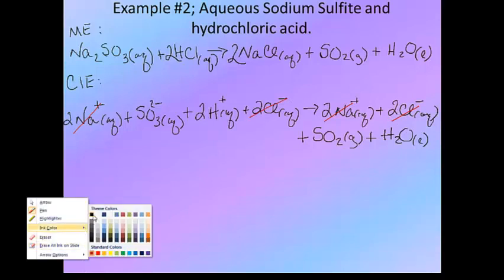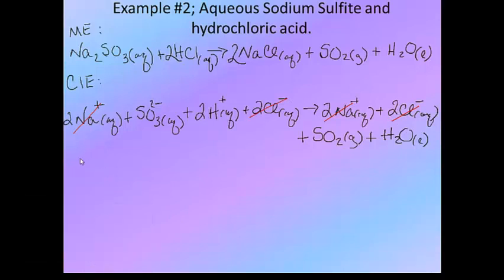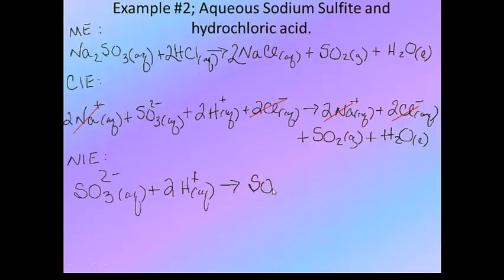Again, the story of 4 ions: 2 of them are brought out of the solution and 2 of them remain. The ones that remain in the solution are your spectator ions. My net ionic equation then is written as such, just like this. If you wish to rearrange the order of the reactants, that's fine.